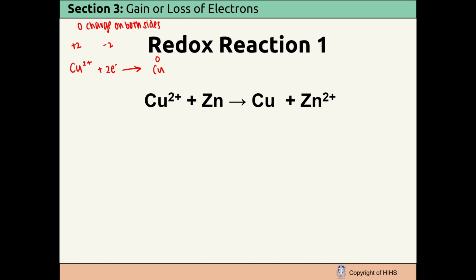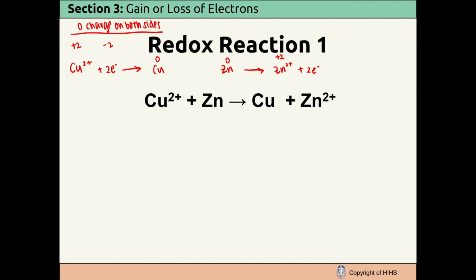How about for your zinc? For zinc, we focus on zinc itself, giving you zinc ion. On the left hand side is a 0 charge, on your right hand side is a +2 charge. Again, to balance it to be 0 charge on both sides, we add 2 electrons on the right.